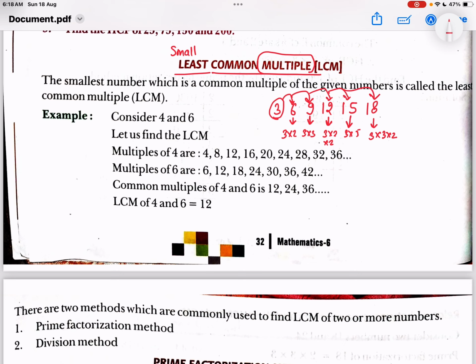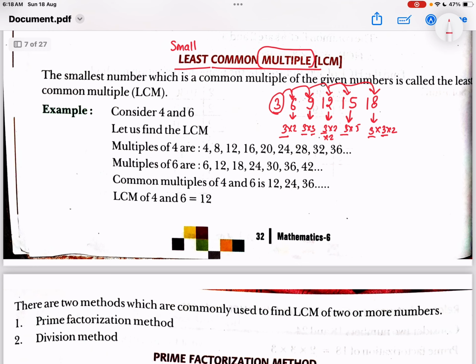And here we can see 3 is common. We can see 3 in every factorization. So 3 is the factor of 6, 9, 12, 15 and 18, and 6, 9, 12, 15, 18 would be the multiples of 3.